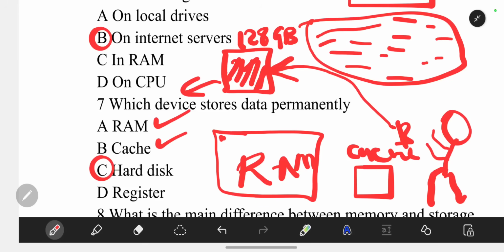If you access things frequently, it is stored in cache, so that if the CPU wants that information, it can easily get it from the cache. So cache is not permanent, it depends on the information that you use.